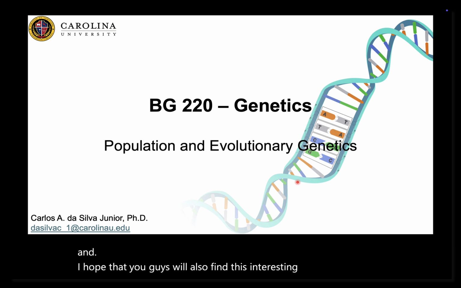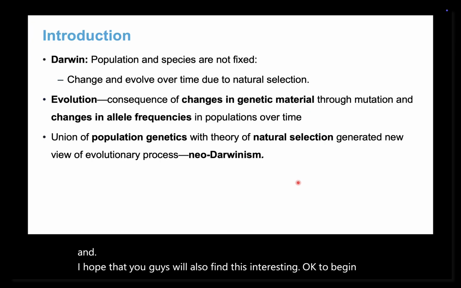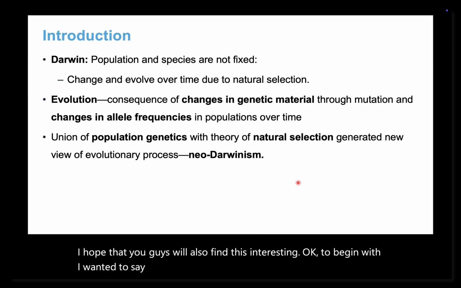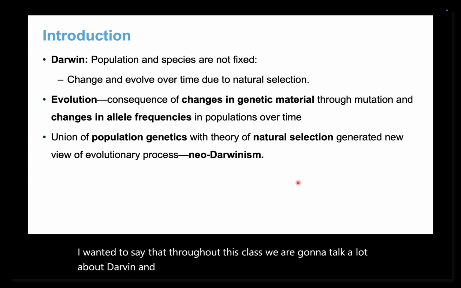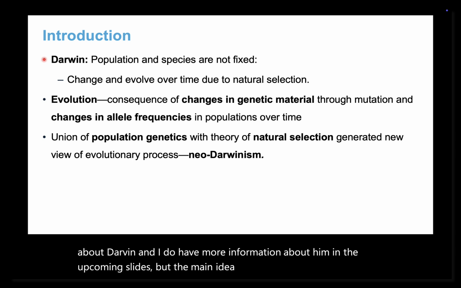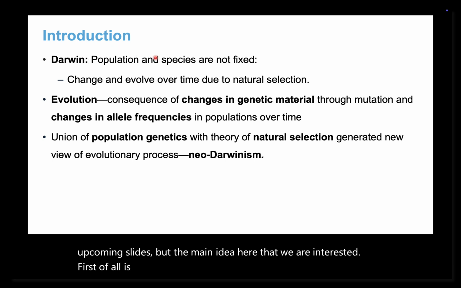Okay? To begin with, I wanted to say that throughout this class, we are going to talk a lot about Darwin, and I do have more information about him in the upcoming slides, but the main idea here that we are interested in, first of all, is to study the population.